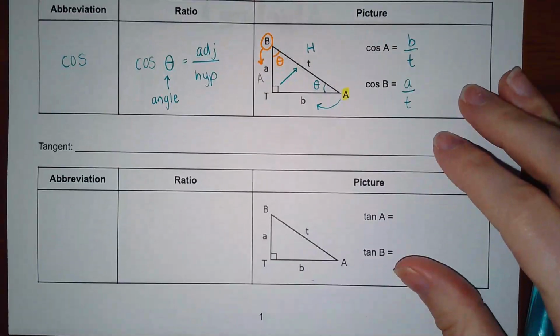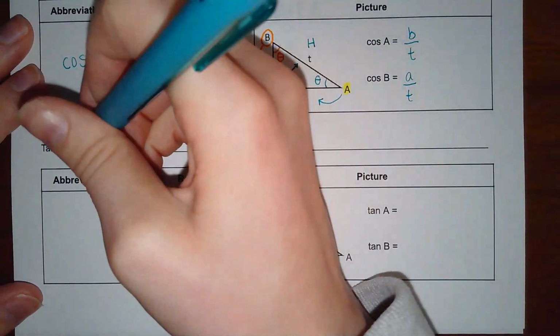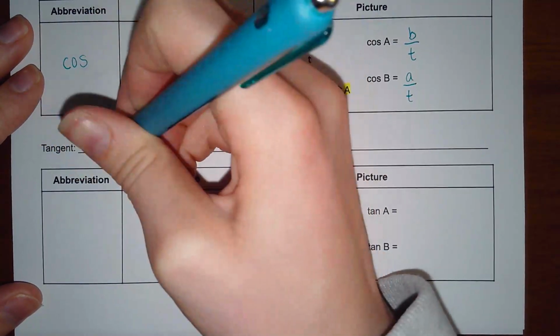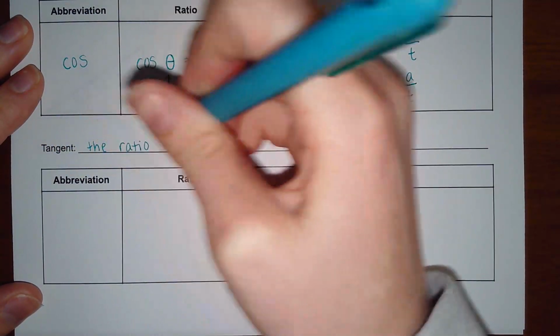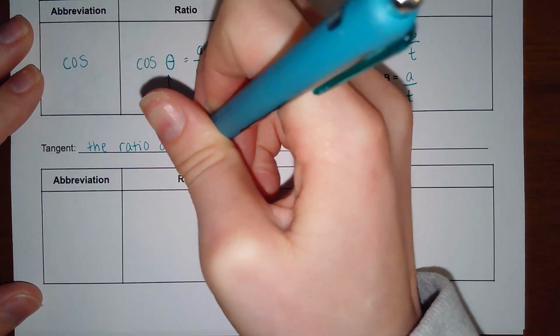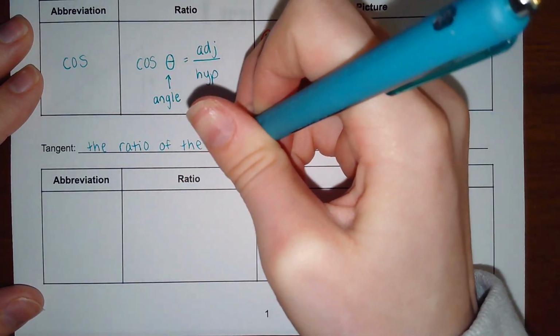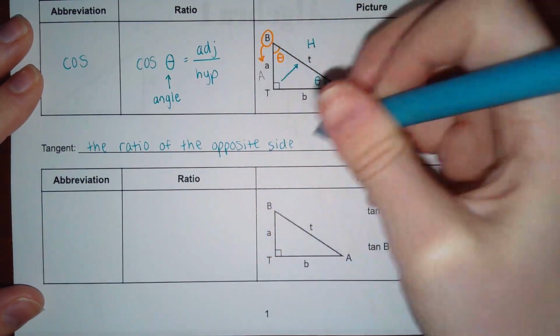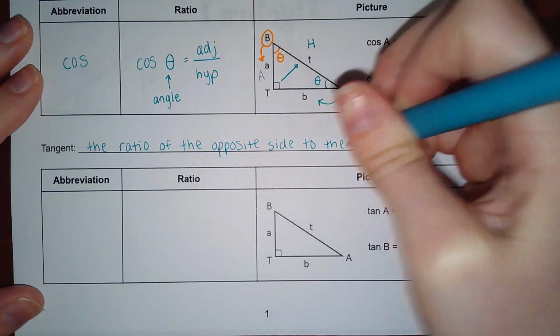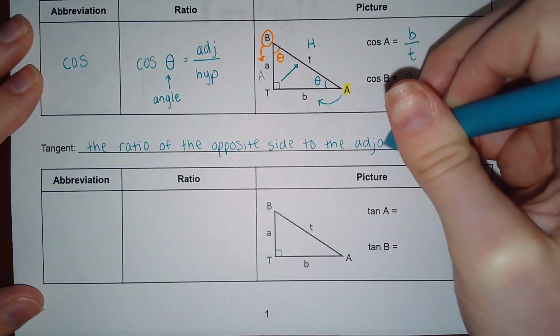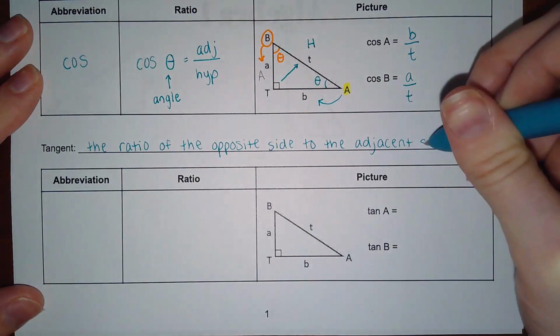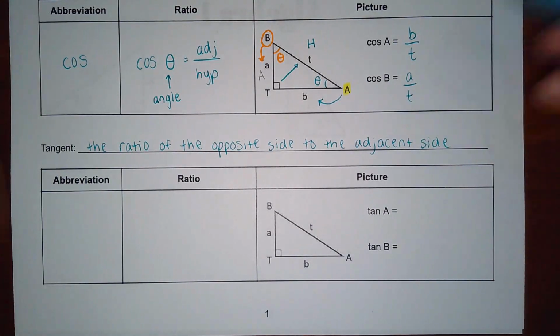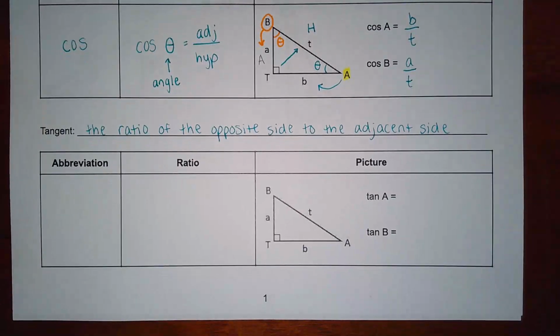All right, and our final ratio is tangent. Tangent is the ratio of the opposite side to the adjacent side. So again, we're using those same sides we've seen before, just a different combination of them.